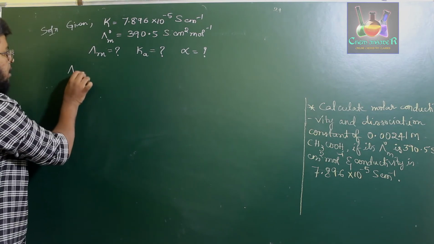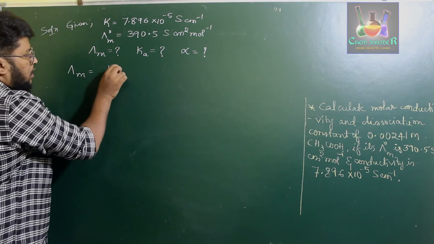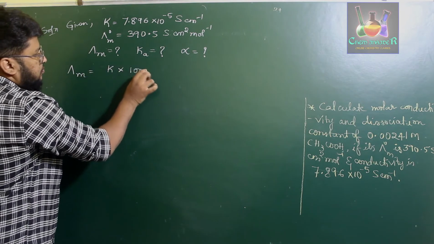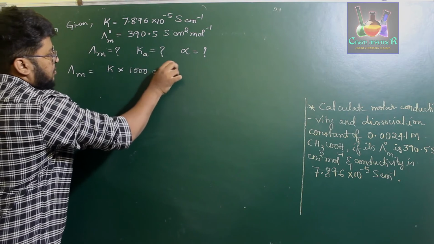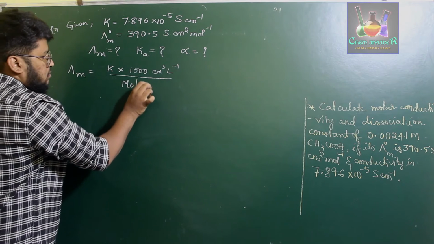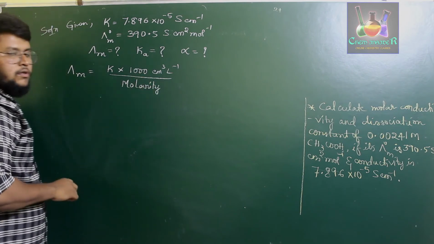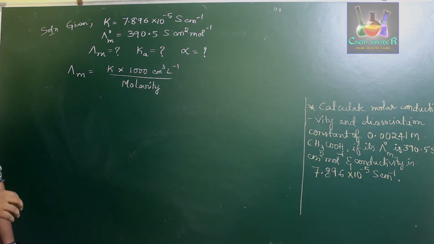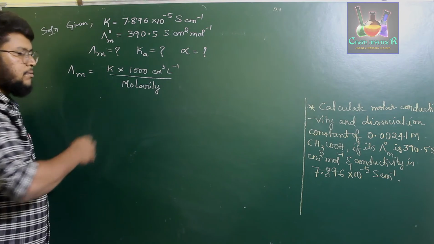We know that lambda m is equal to kappa into 1000 centimeter cubes per liter divided by molarity. Whenever you have to calculate the molar conductivity, you need to take the volume in terms of molarity.